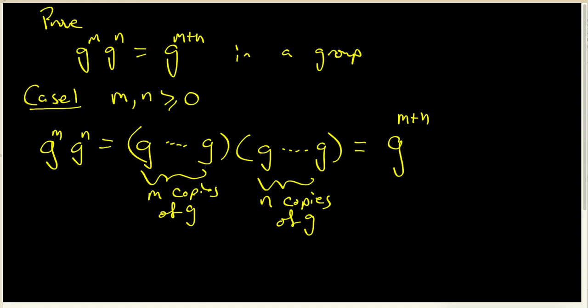Well, let's look at the second case. Case 2, m and n are both going to be less than or equal to 0.